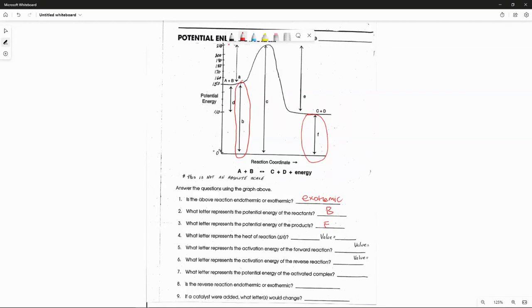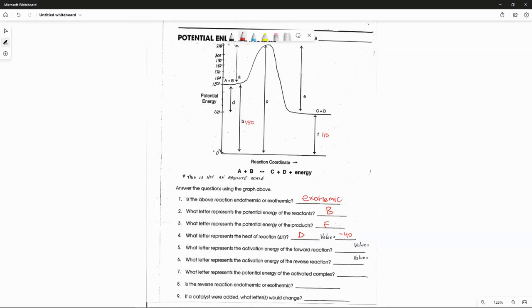So subtracting this from this will give you this value right here, D. So we know that the delta H is going to be represented by the letter D. If we were to calculate this, we'd assume that this B value is 150 and the F value was 110. So final minus initial, 110 minus 150, is going to be negative 40. So the value is negative 40.